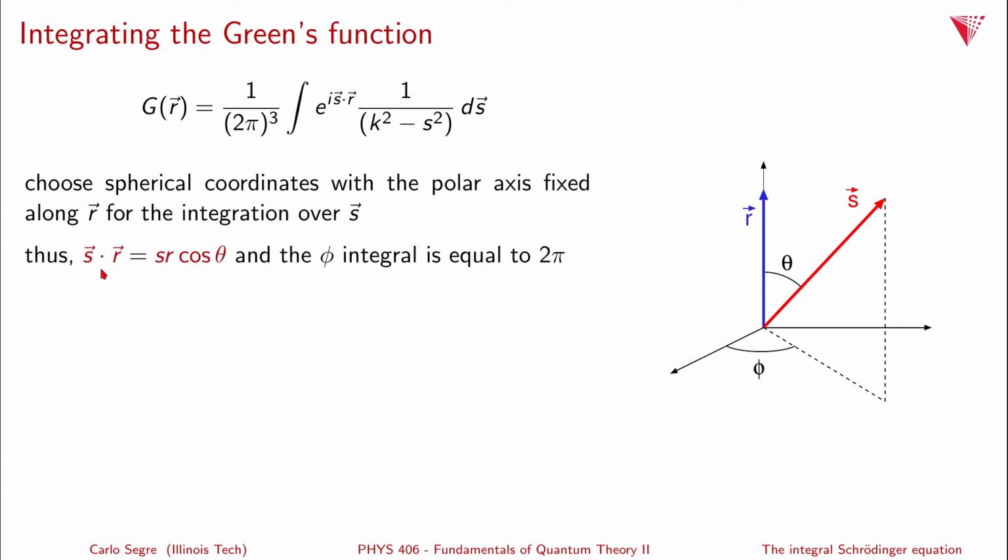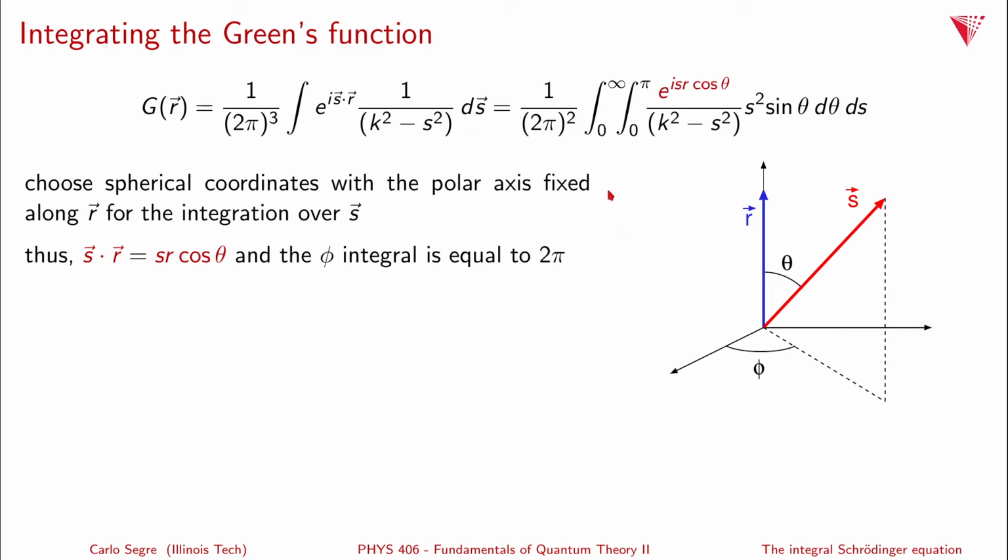Well, that means that s dot r is just s times r times cosine theta, and the phi integral is just 2 pi because there is no dependence on phi anywhere. And we now have an integral that looks like this. 1 over 2 pi squared, because we canceled one factor of 2 pi from the phi integral. Integral from 0 to infinity, integral from 0 to pi of e to the I s r cosine theta over k squared minus s squared times s squared sine theta d theta ds.